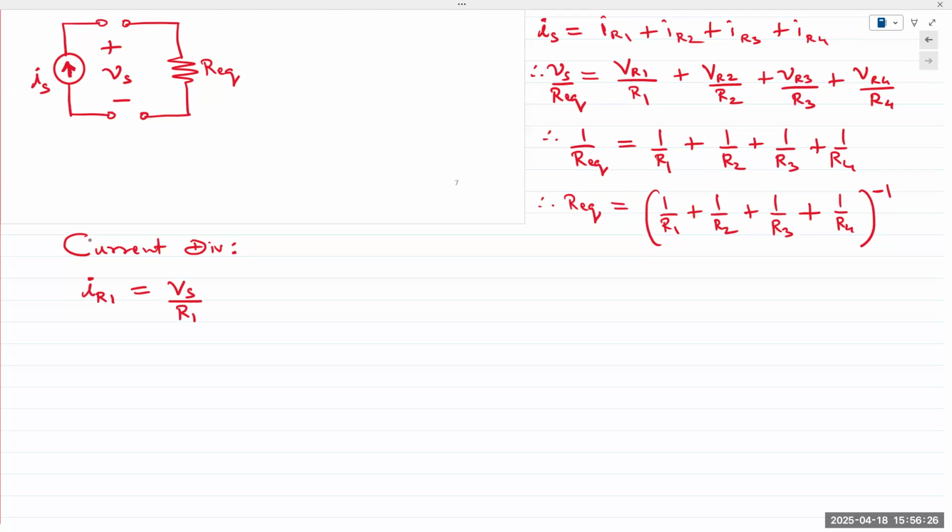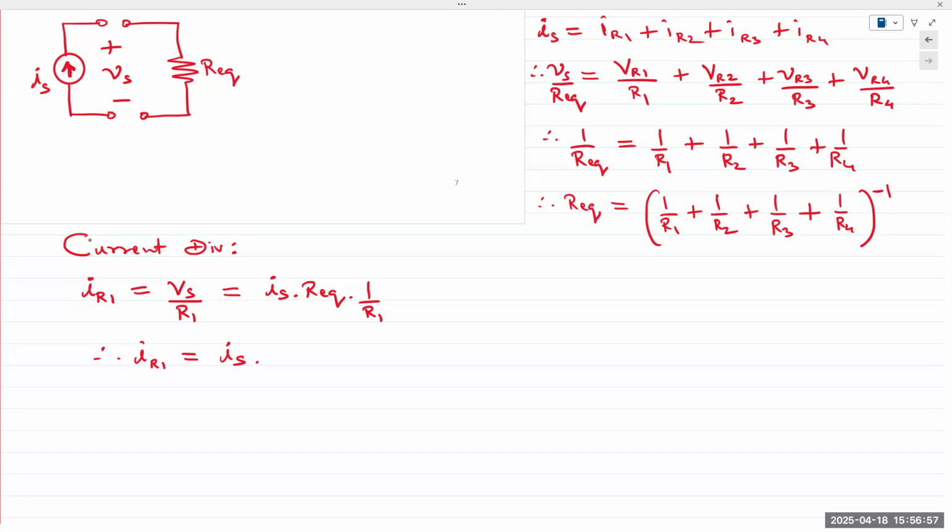It's the same voltage, VS. And VS is equal to IS times REQ. So that's 1 over R1. I rearrange the terms, and I can get IR1 in terms of IS.